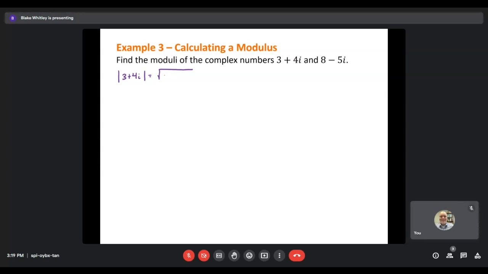Well, the a value this time is 3, so 3 squared, plus, and then the b value is just the number in front of the i, so that's 4 squared. And how we simplify, 3 squared is 9, 4 squared is 16. Adding those together, we get the square root of 25, and the square root of 25 should give us 5. And so our absolute value or modulus of 3 plus 4i is just equal to 5.